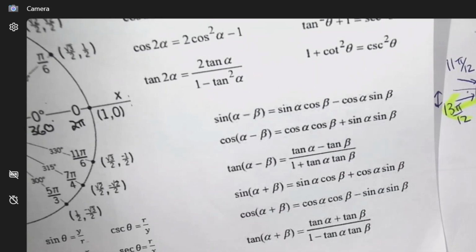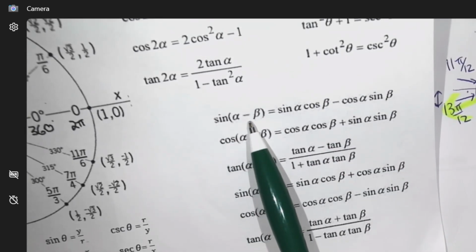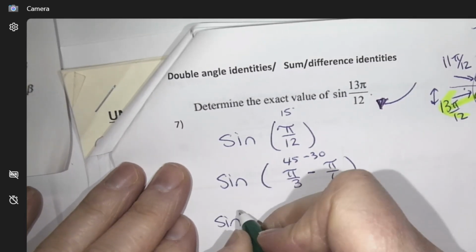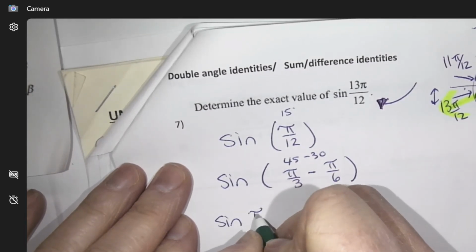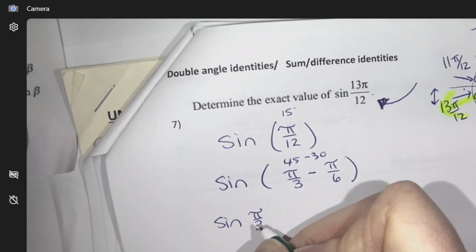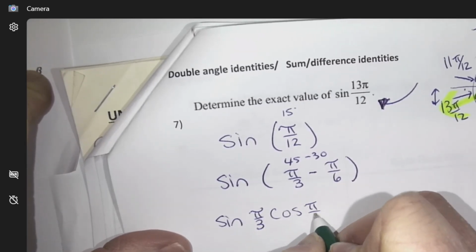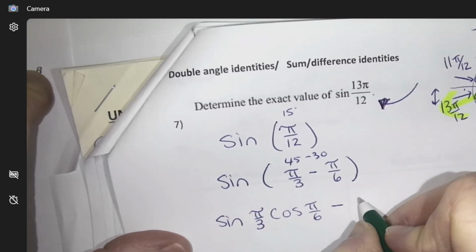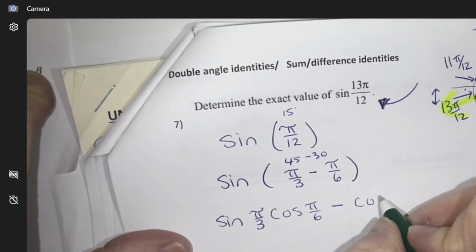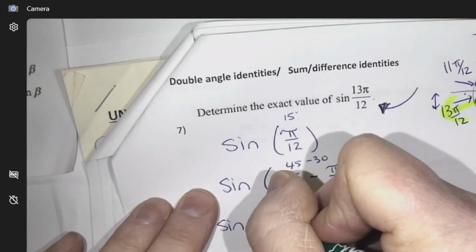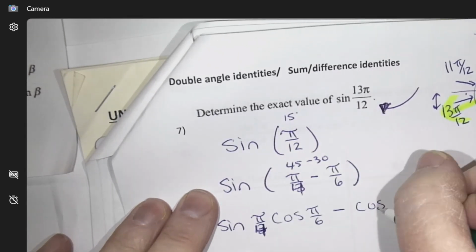So I'm going to be doing the sine subtraction. So sine A cos B subtract cos, wait, I did this number, this is a 4. There we go, that's a 4. I'm like, something's wrong.